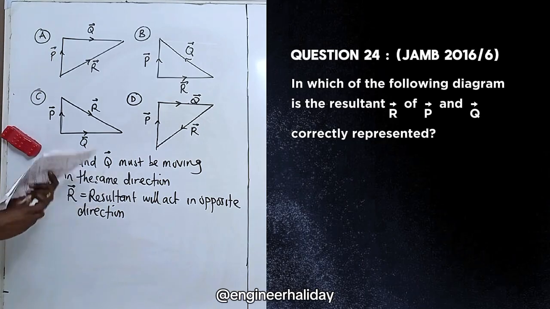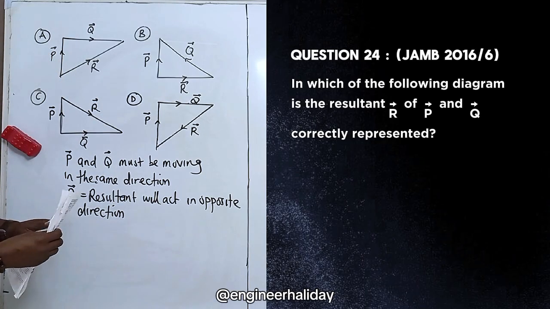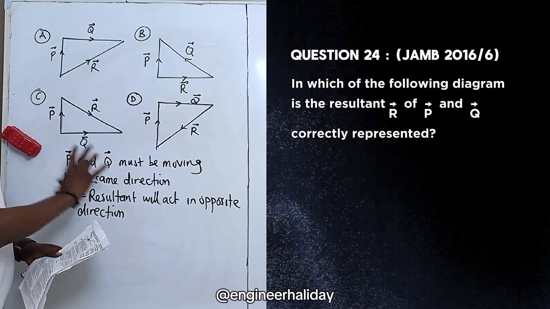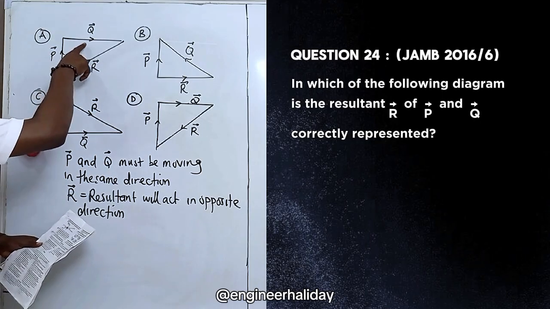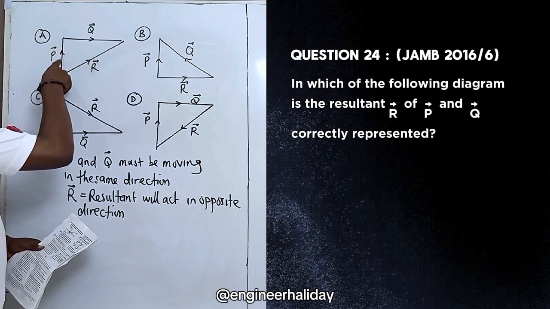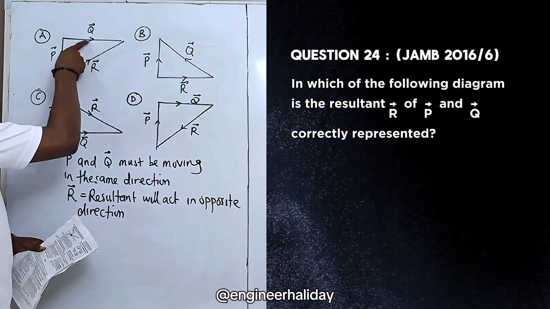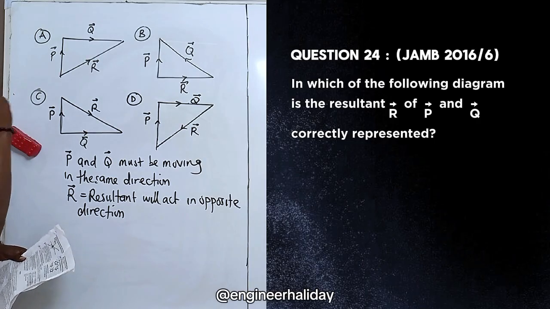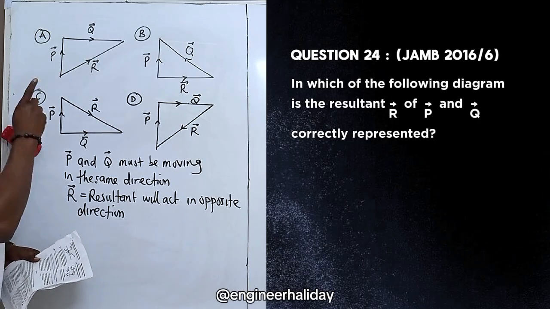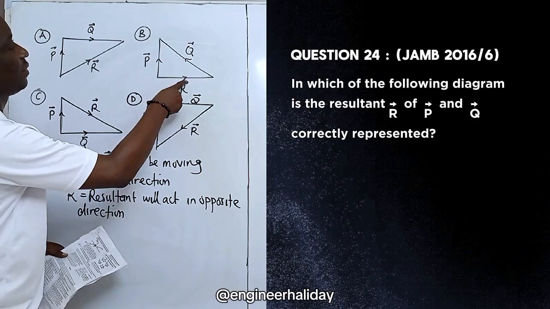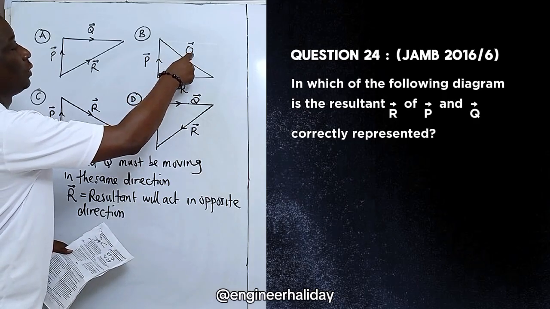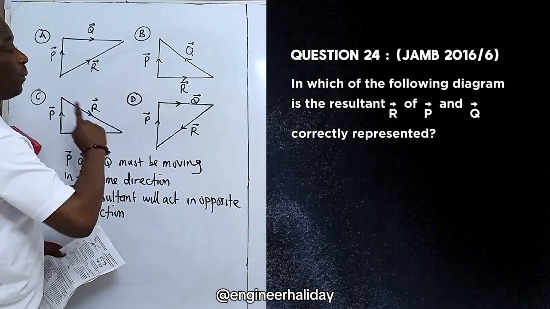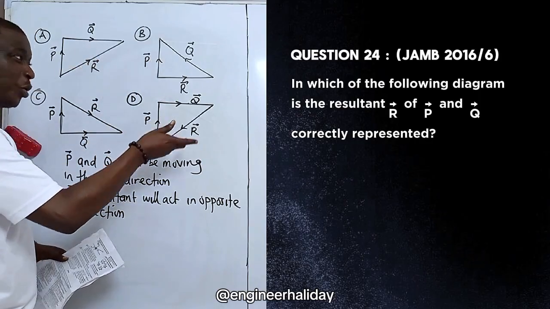So in that case, if you check all the options, which of them is showing these characteristics? Option A, P and Q are moving in the same direction, Q opposite. Don't forget, it's only R that will be opposite. Then R and Q are in the same direction, but P is opposite, except P is the resultant.